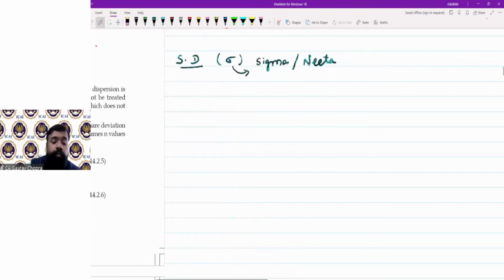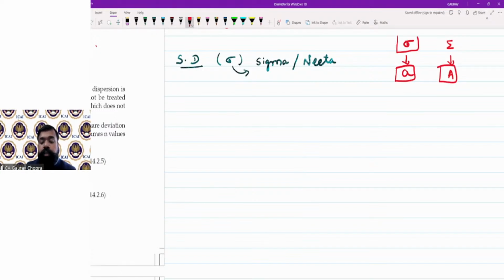Now, there may be one question in your mind. If this is sigma, then what is this? What is the difference between these two? Both are the same alphabet, but the first one is small and the second one is capital. Same as here.